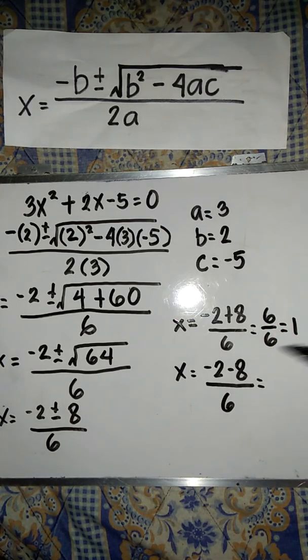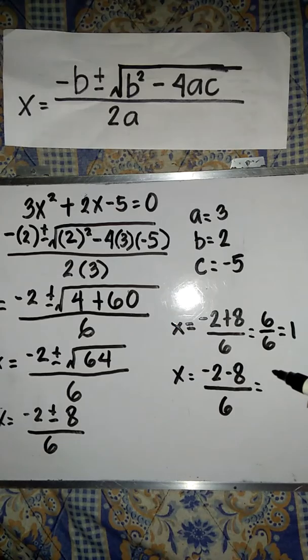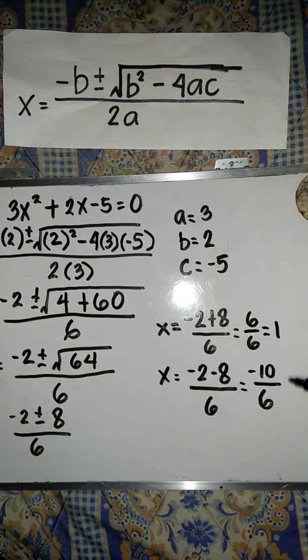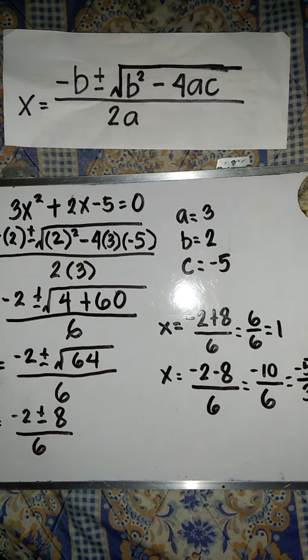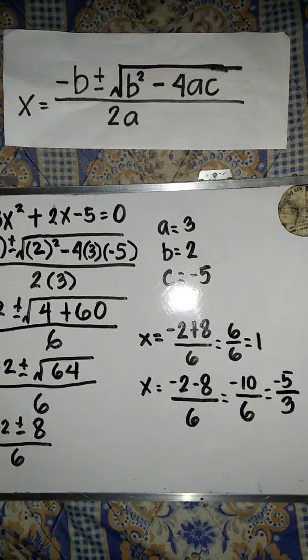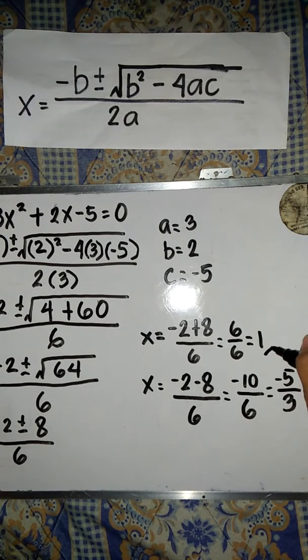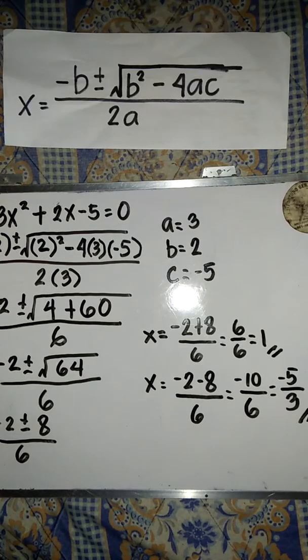So negative 2 plus negative 8 is negative 10 all over 6. So we're going to simplify this. So negative 5 all over 3. So therefore, the values of x are positive 1 and negative 5 over 3.